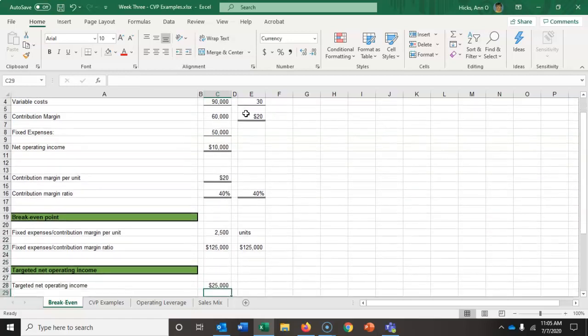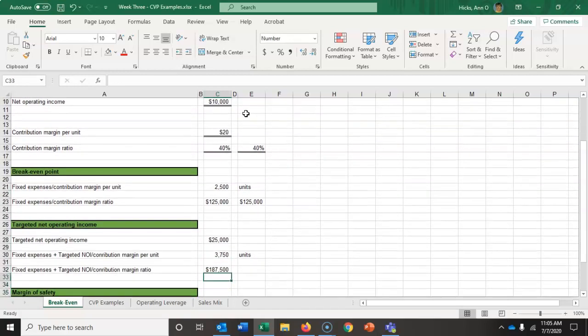Now, you can use the same information and the same approach to determine how many units you need to sell in order to achieve a targeted net operating income. Keep in mind that contribution margin per unit, once it has covered your fixed expenses, is going to generate profit. So let's say we have a targeted net operating income of $25,000.